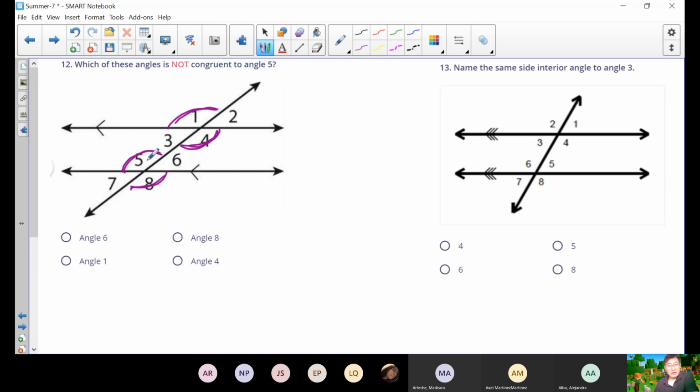So 1, 4, 5, 8 are all obtuse, right? Which of these angles, oh, sorry, not congruent. So 1, congruent. 4, congruent. 8, congruent. Look at 6. It's acute, right? This is obtuse. This is acute. The answer is 6.